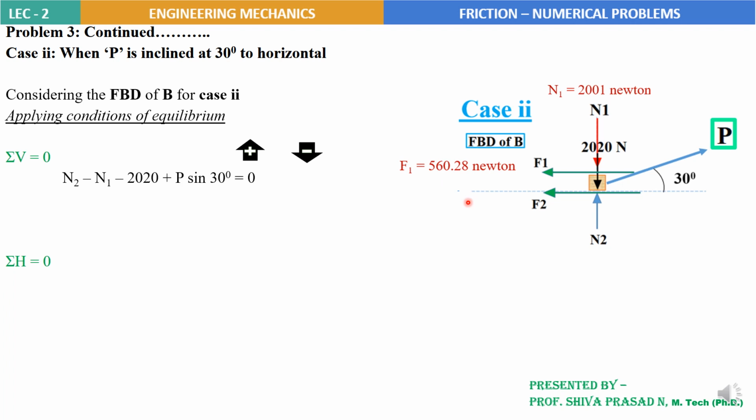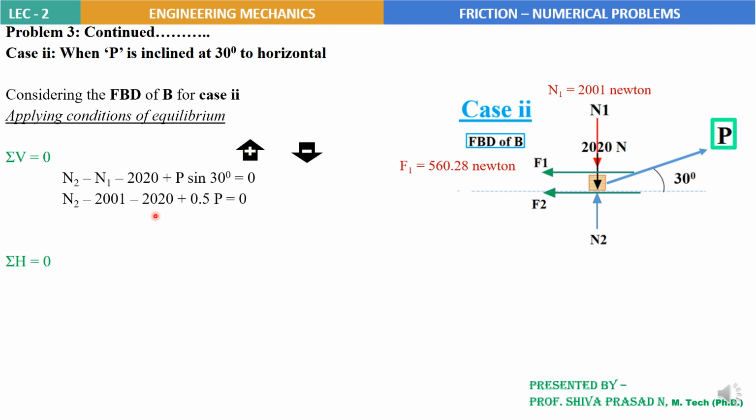N2 upward force minus N1 downward force minus 2020, the weight of block B acting downward, plus P sin 30 degrees, the resolved component of the inclined force with the vertical, that is P sin theta. We are resolving this along the vertical plane. Resolved component of P with vertical is P sin 30 degrees.